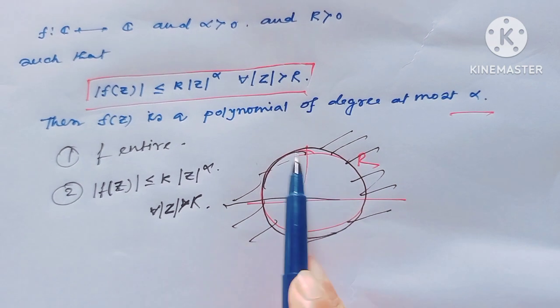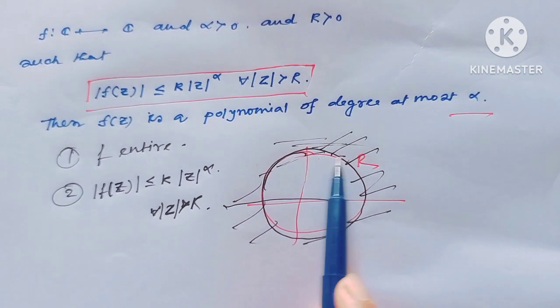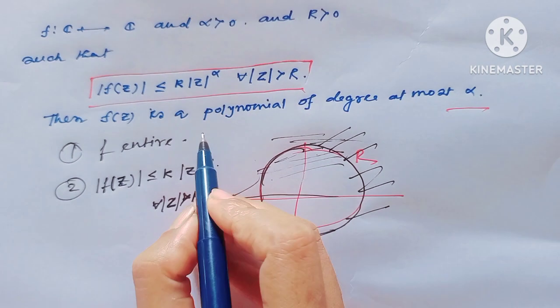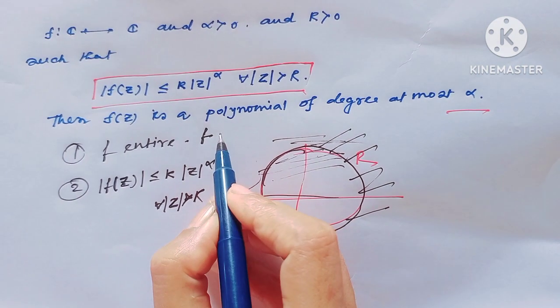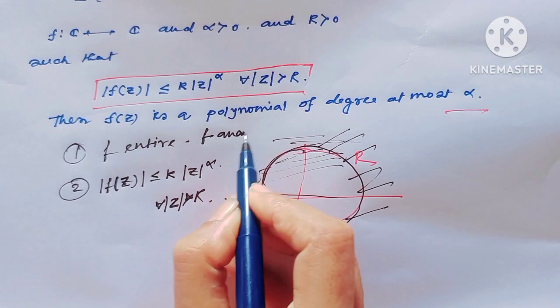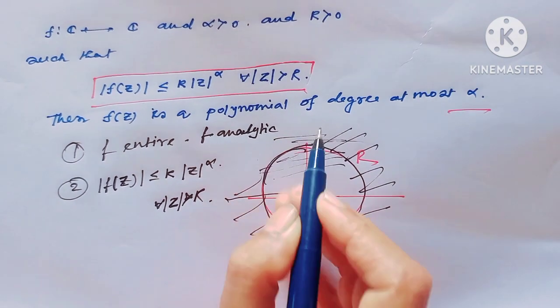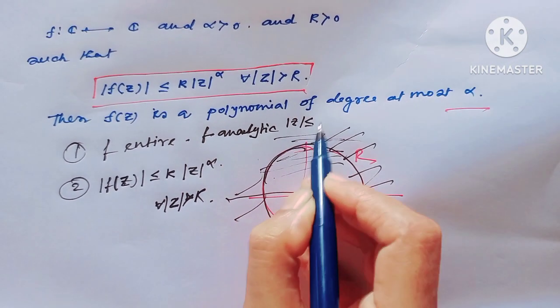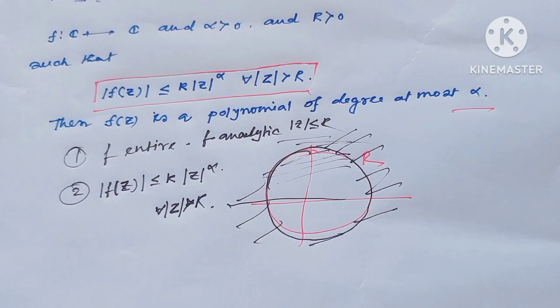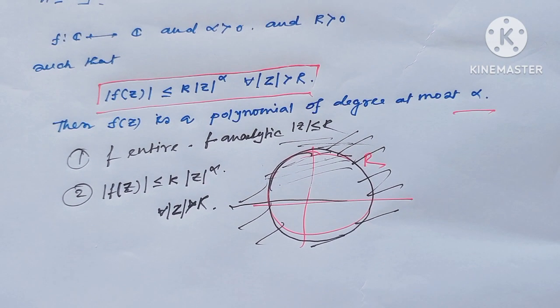This is true for mod z greater than r, but the function is also analytic on mod z less than or equal to r, because the function is entire on the whole complex plane.